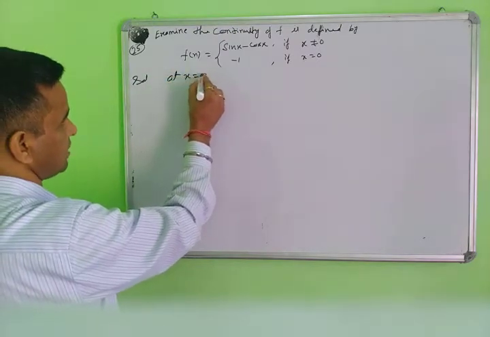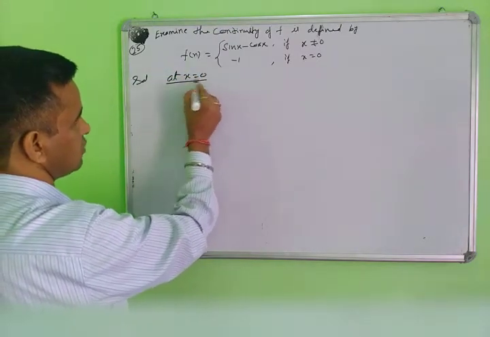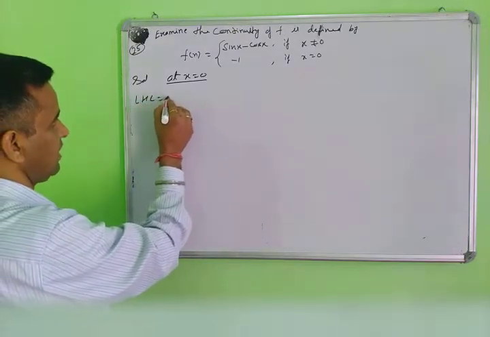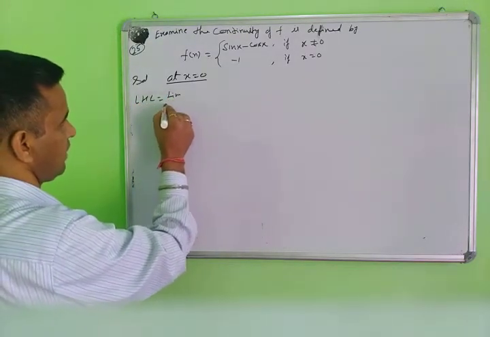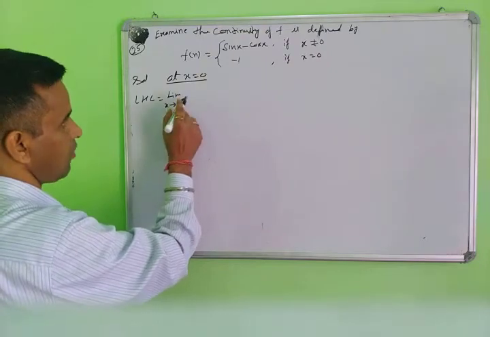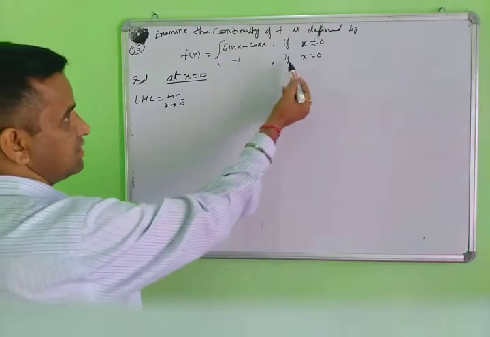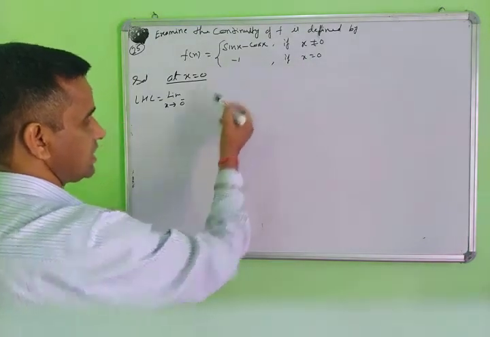At x equal to 0, is this function continuous or not? First of all I will check the LHL, the limit as x tends to 0 from the left side. Now x equal to 0 is the exact value.